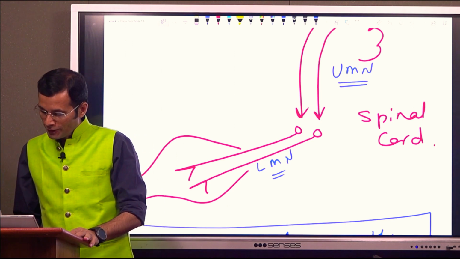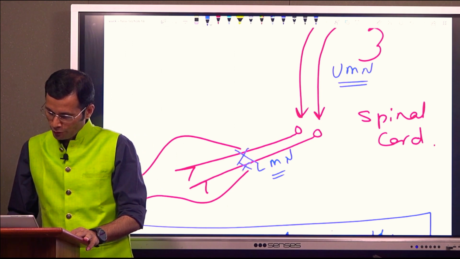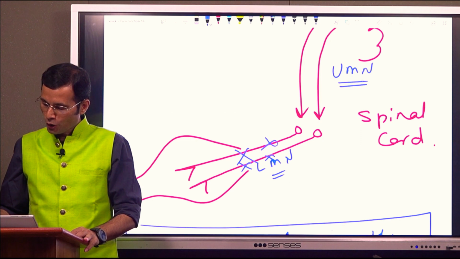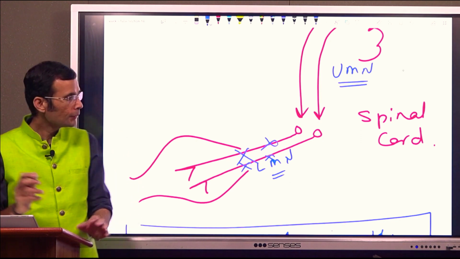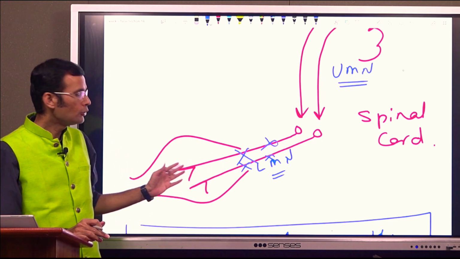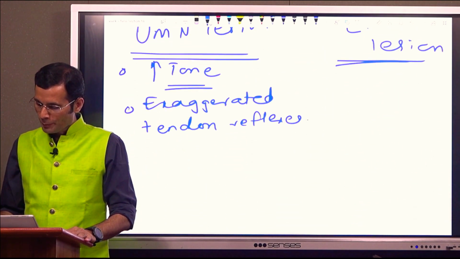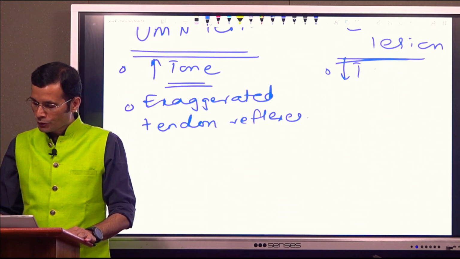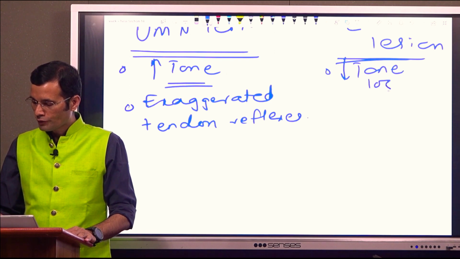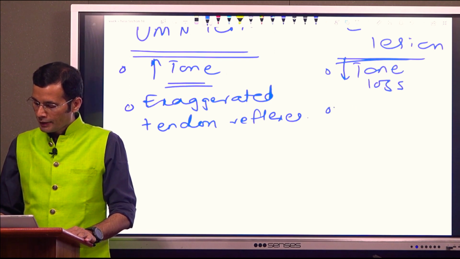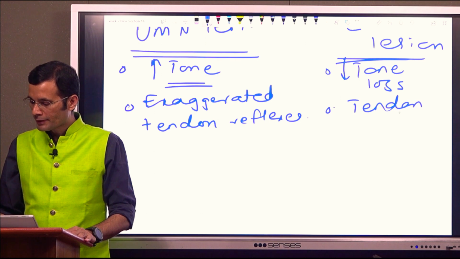So in case of a lesion of the lower motor neuron, supposing the upper motor neuron is intact, no signals reach the muscle, and therefore there is decreased tone, loss of tone of the muscle, and tendon reflexes will be absent.